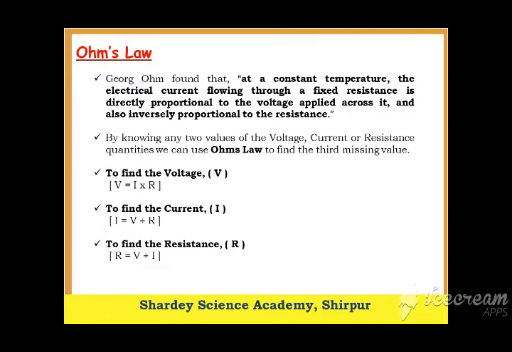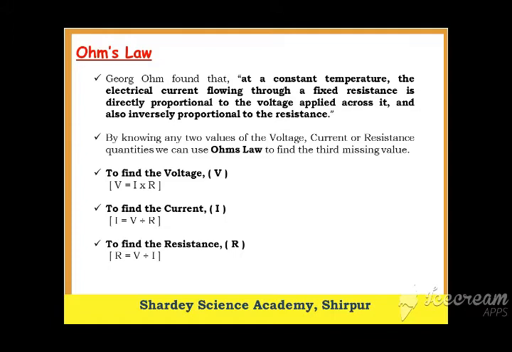By knowing any two values of voltage, current or resistor, we can use Ohm's law to find the third missing quantity. If we want to find the voltage, as per Ohm's law, V is equal to I into R. V represents the voltage, I represents the current, and R represents the resistance.